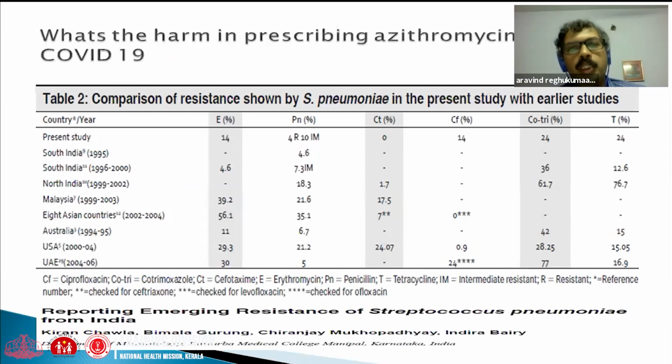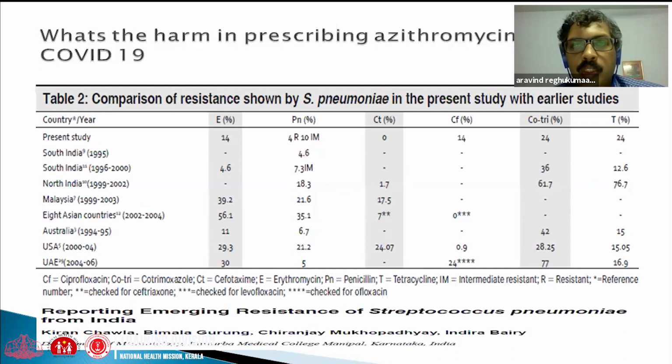Now, this is one situation that we have been going through for the last 2 years or so. Initially our treatment protocol did include azithromycin for treatment of COVID-19, but it was not included as an antibiotic. It was included as an immunomodulator. When we had more studies saying that azithromycin is not useful in the treatment of COVID-19, it was taken away from the state guidelines as well, and it is one of the rare guidelines where it is written that azithromycin should not be used for the treatment of COVID-19.